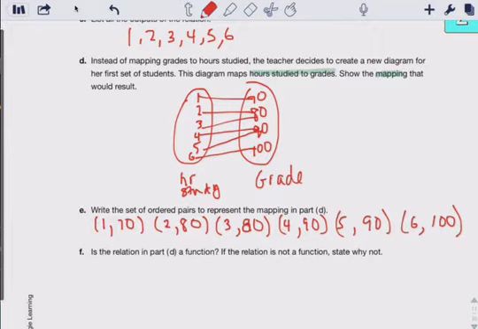Is this a function in part D? Yes, it is. Because none of the domain repeats.